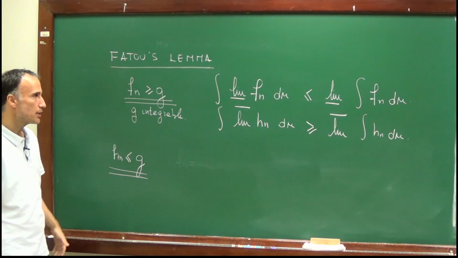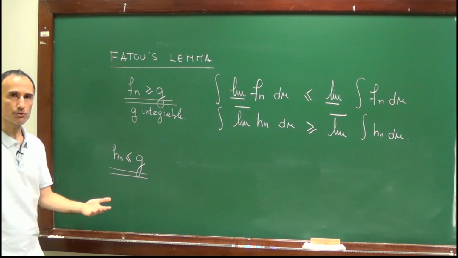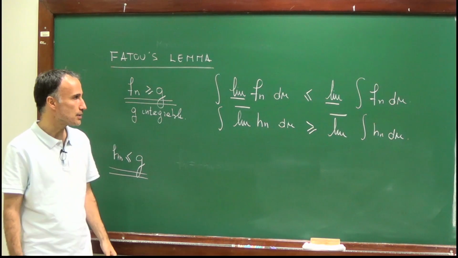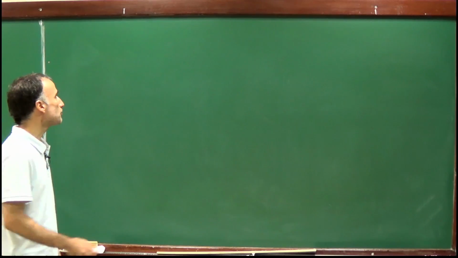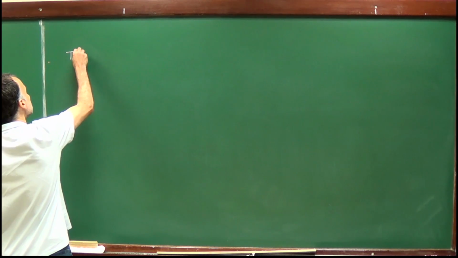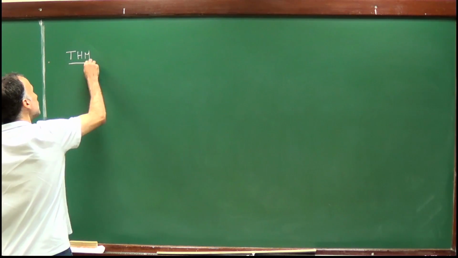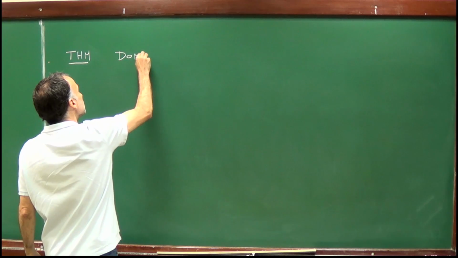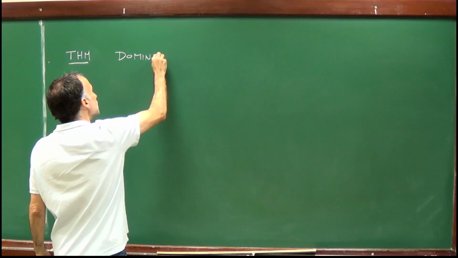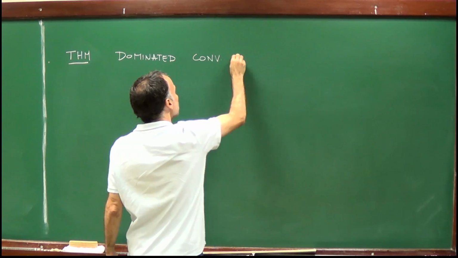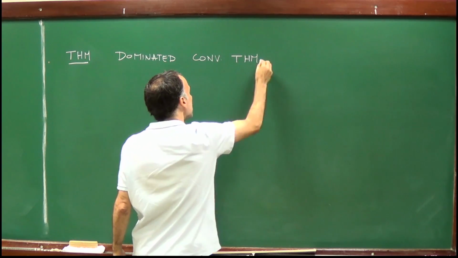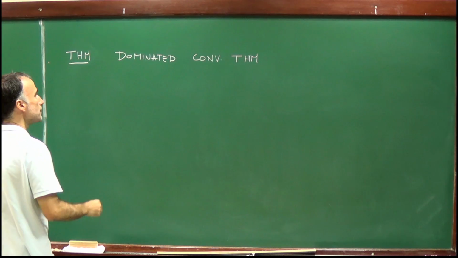We will use these two statements in order to prove the next result and the last one of this lecture, which is the dominated convergence theorem. So let me state the last theorem of this lecture, the dominated convergence theorem, which can be stated as follows.